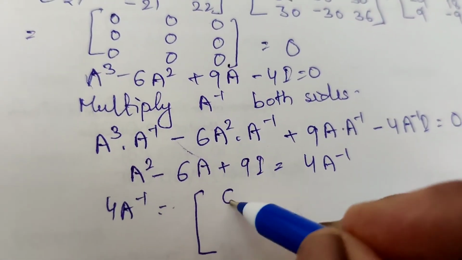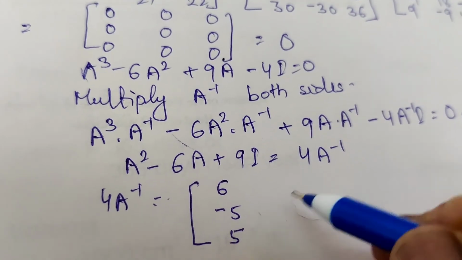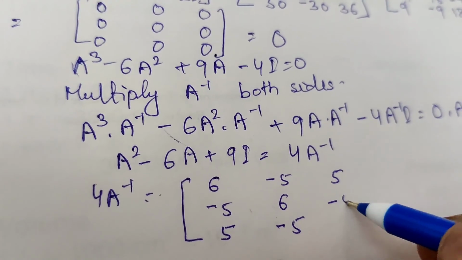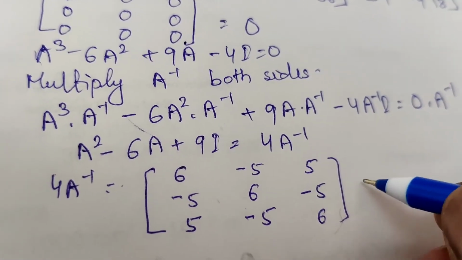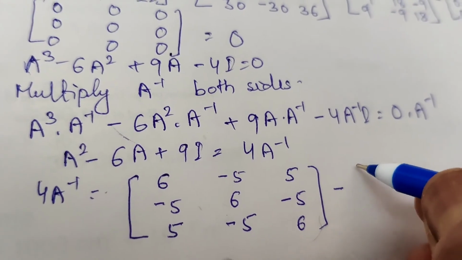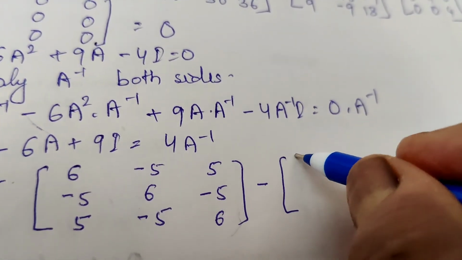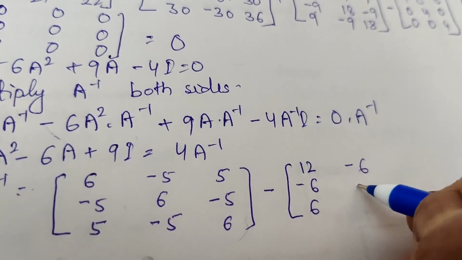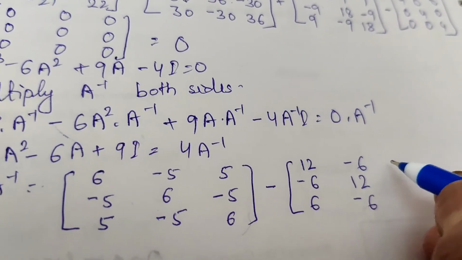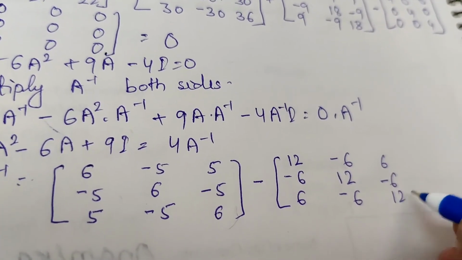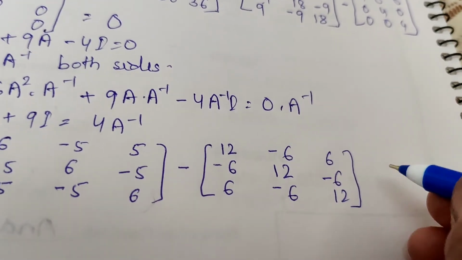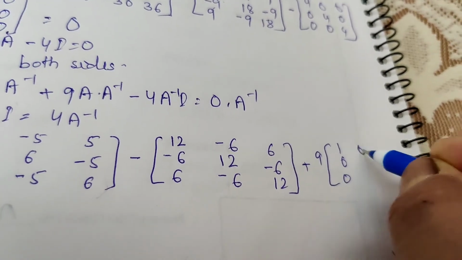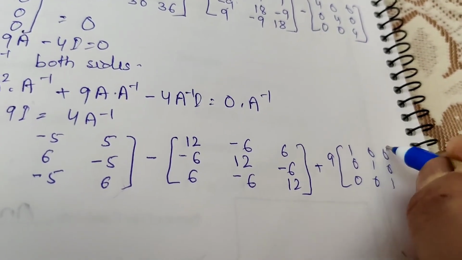A square is 6, minus 5, 5, minus 5, 6, minus 5, 5, minus 5, 6, minus 6A, 6 multiplied to the 6 into 2, 12, minus 6, 6, minus 6, 12, minus 6, 6, minus 6 and 12, plus 9I. It means 9I means 1 0 0, 0 1 0, 0 0 1.